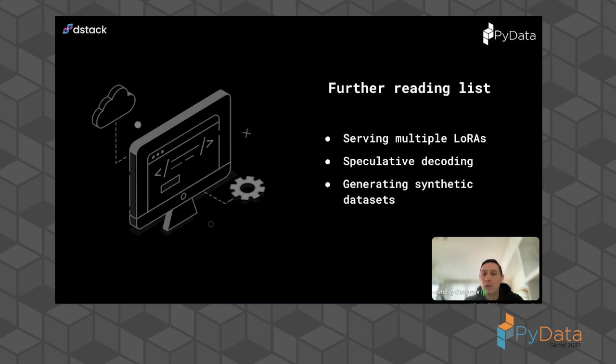Second is called speculative decoding. This is how you can significantly improve latency. There is also a paper about this, and a lot of studies. And finally, generating synthetic data sets. So one of the bottlenecks when it comes to LLMs is data sets.